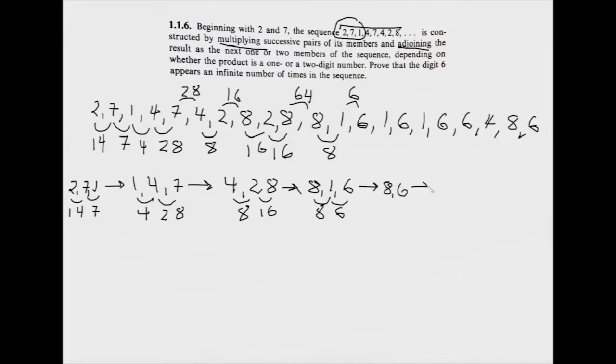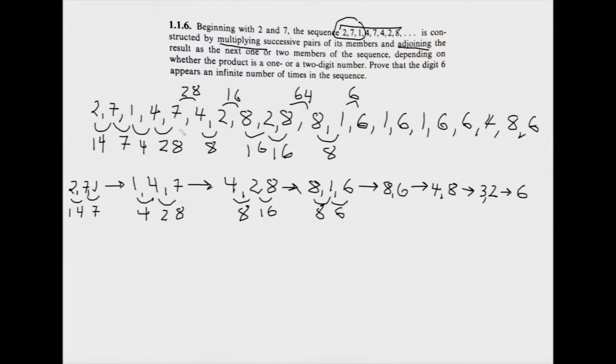These can really only generate at most 2 digits, and eventually we're going to get down to only 1 digit. And so we're kind of stuck. 6 doesn't generate any more 6's here. So let's move on.